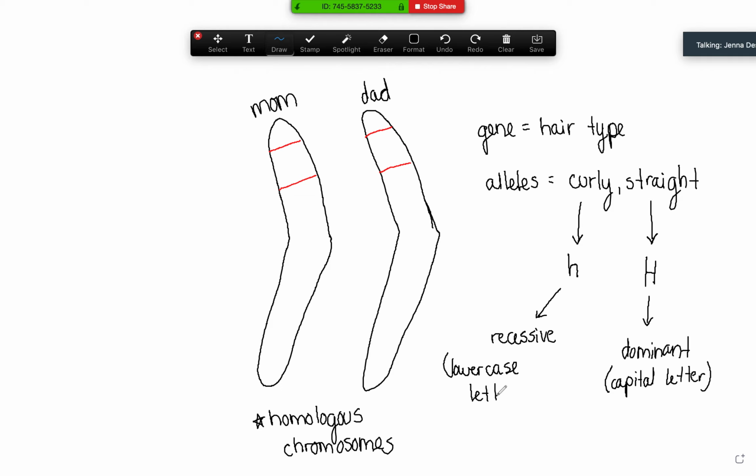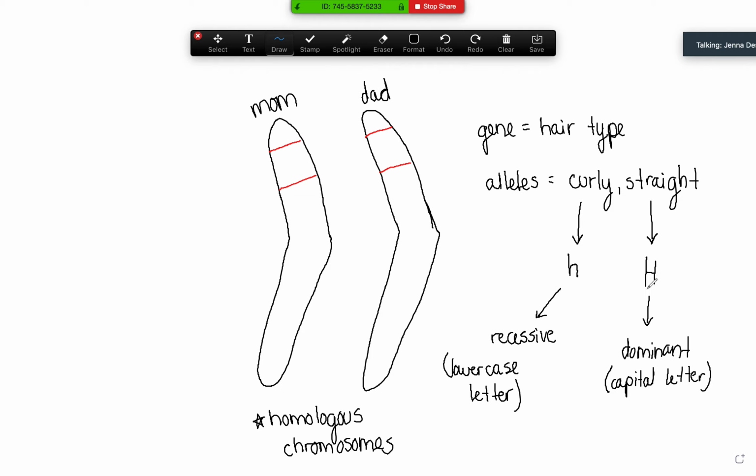So in this case, we have a capital H for straight hair. I'm going to just say that straight hair is a dominant allele, and that curly hair is a recessive allele because it has a lowercase letter and straight hair has an uppercase letter, okay?